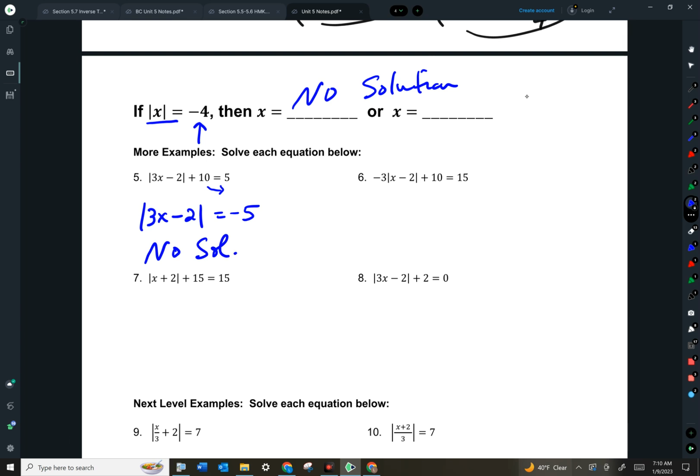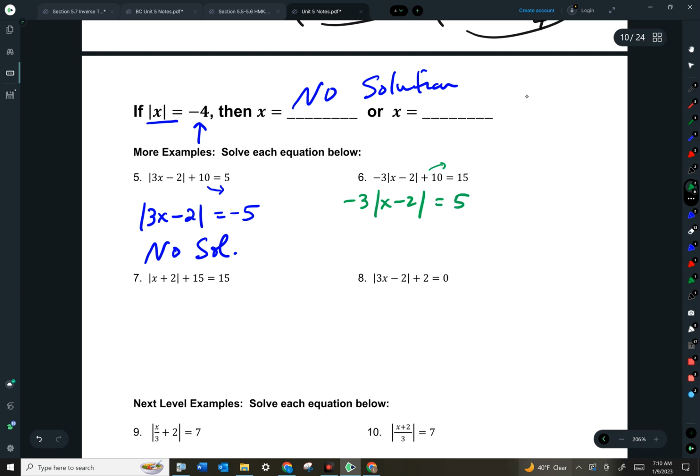Okay, so when I look at number 6, when I first look at it, I don't have an absolute value equal a negative, so I have to start working it out as if it's going to work. So the first thing I would do is subtract 10, so -3, keep the absolute value of x minus 2. When I subtract 10, I have +5.